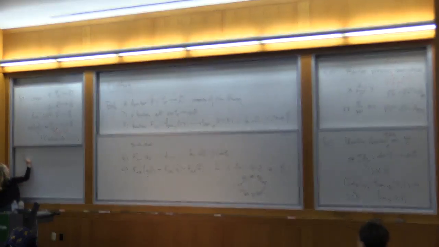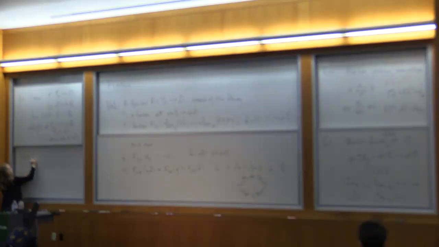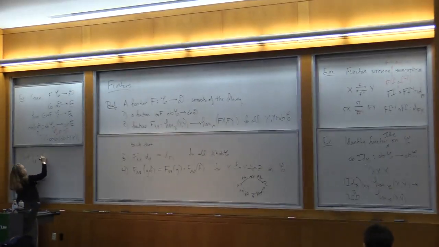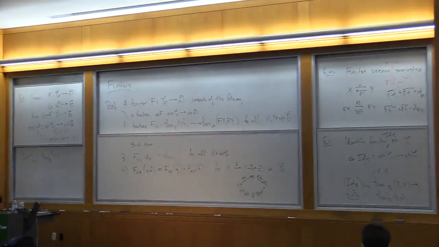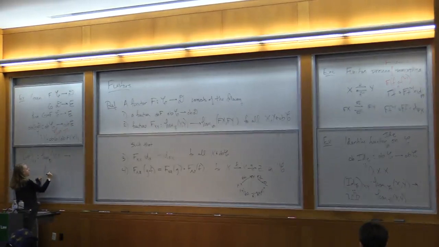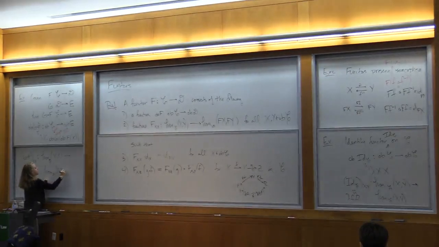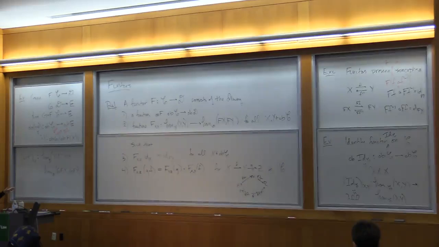Then what about G circle F on X, Y? Just following the definition, this should be a morphism from the arrows in C, from X to Y, to the arrows in E, from GFX to GFY, suppressing the up thing and the circle.